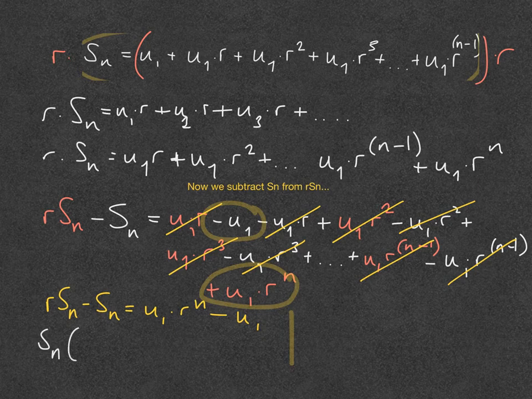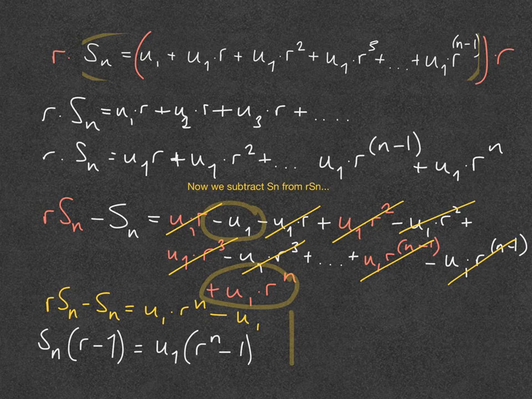So if you were to complete this expression here, you would write Sn multiplied with r minus Sn, which is exactly the same as we have here. So these two are identical. And we can do the same on the other side. u1 is outside the brackets, and inside we have r to the power of n minus 1.